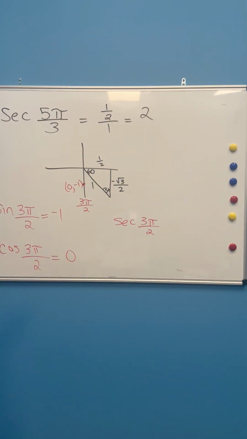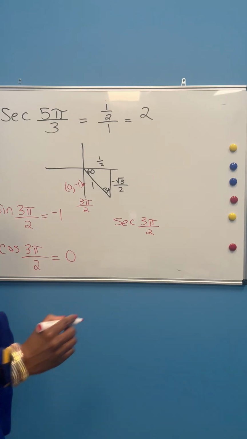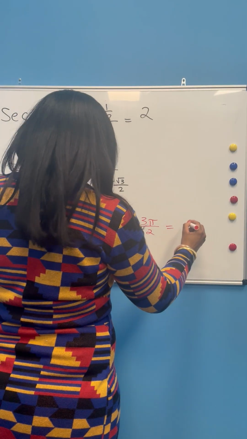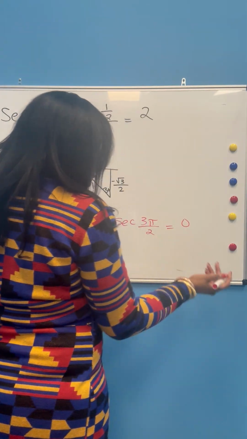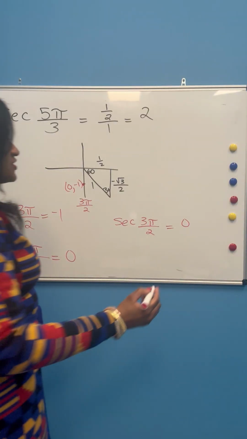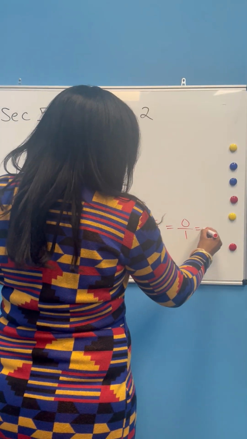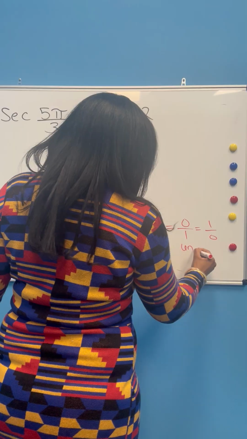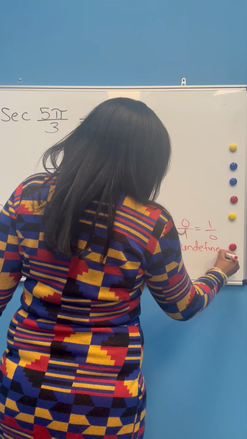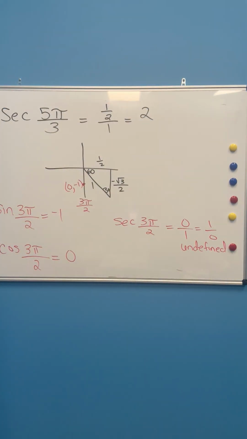Secant is the reciprocal of cosine, correct? So cosine was 0, right? But now if we need to do the reciprocal of that, we'll have to put it as 1 over 0, which is undefined. So the secant of 3 pi over 2 is undefined.